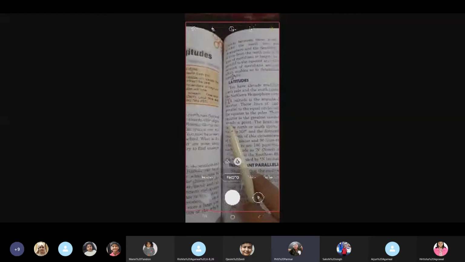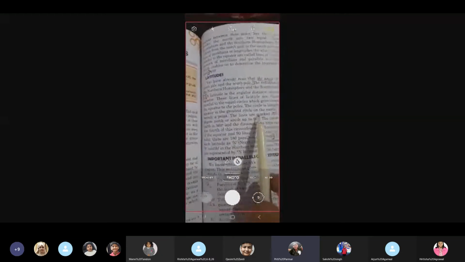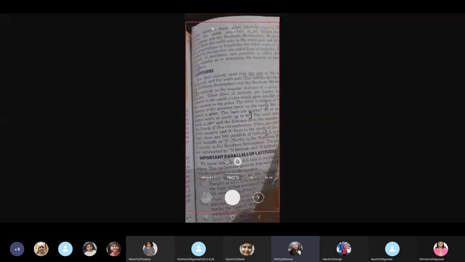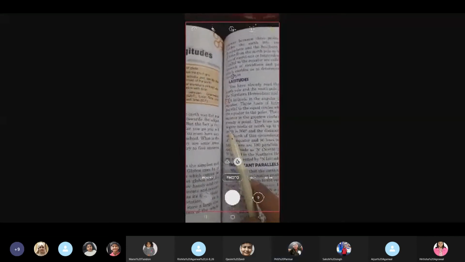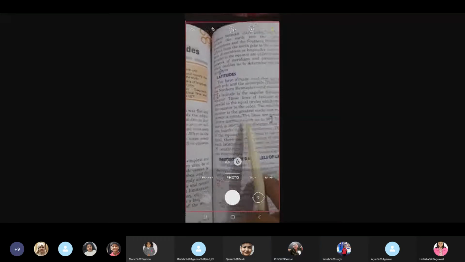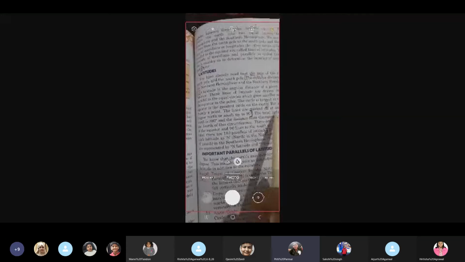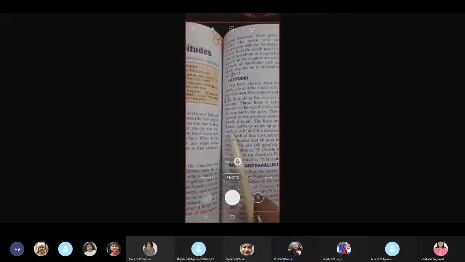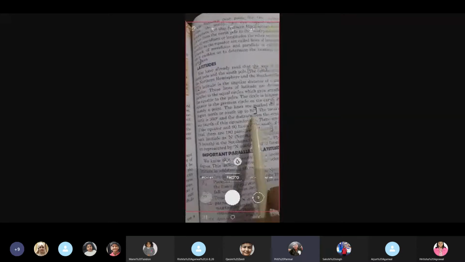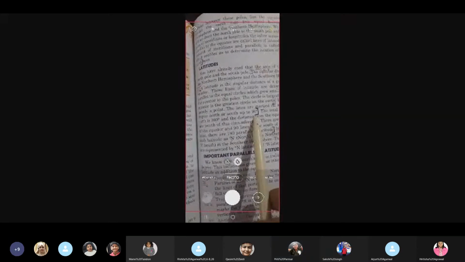The equator is the greatest circle on the earth, but at the poles it is merely a point. The lines are marked off at an interval of 1 degree north or south up to 90 degrees.